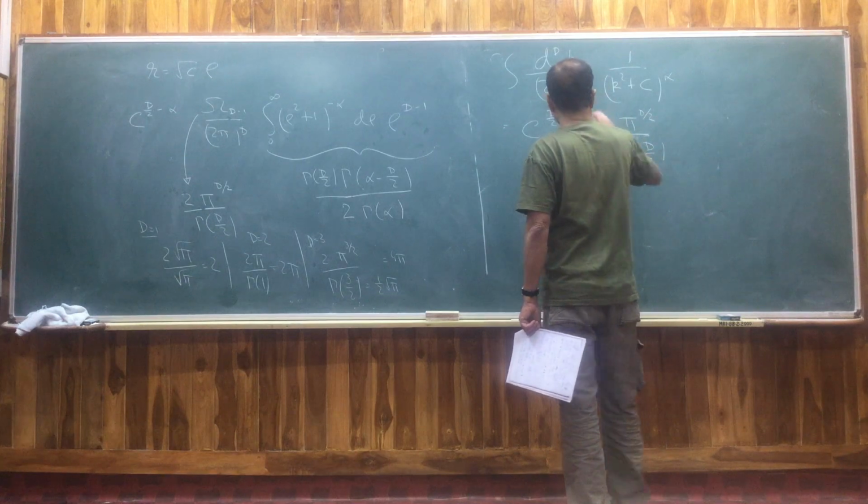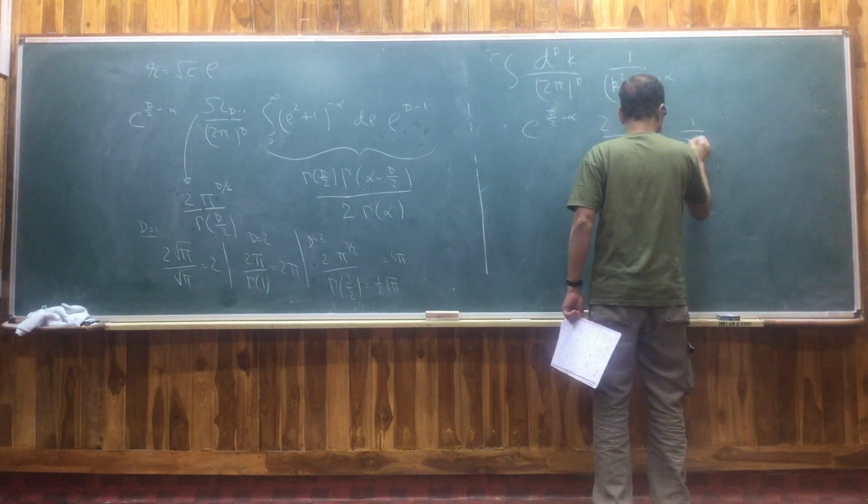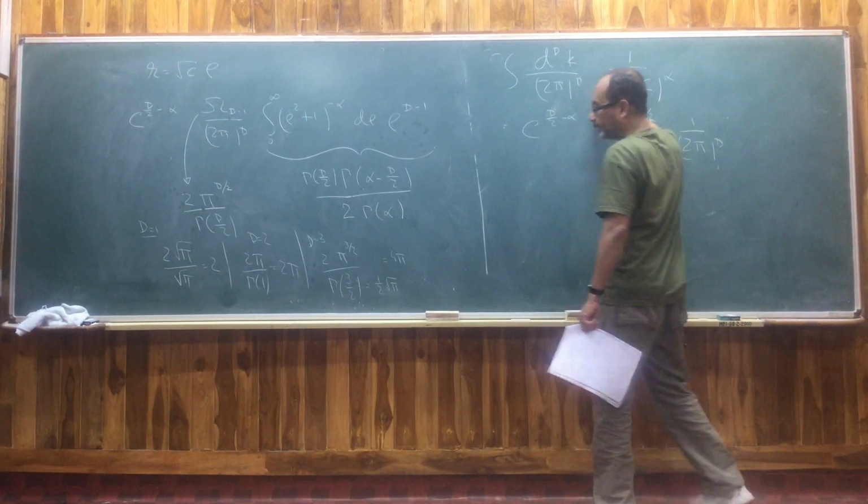If this came from the omega d, then you have 1 over 2 pi to the d. Okay, that's this one.